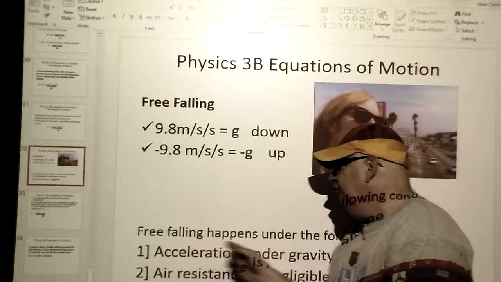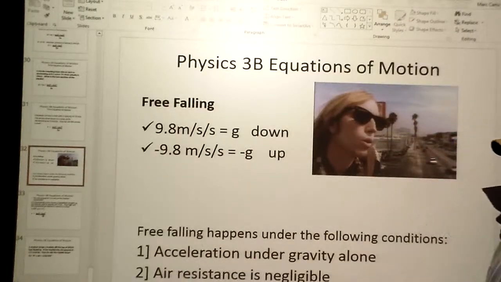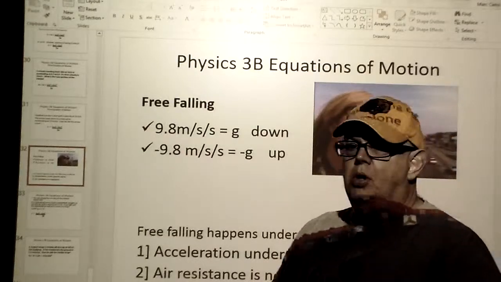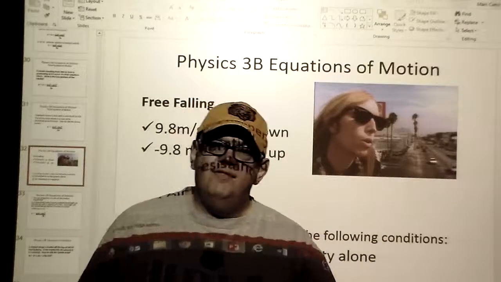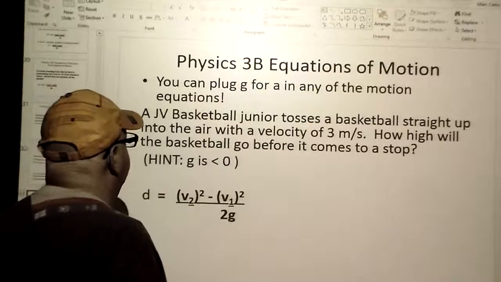All right, so free falling happens under two conditions. The acceleration is under the gravity alone, and air resistance is negligible. Sadly, with our little experiment with the golf balls, we do have air resistance. We cannot escape that. All right.